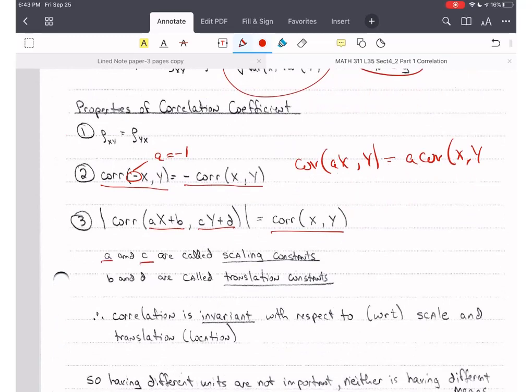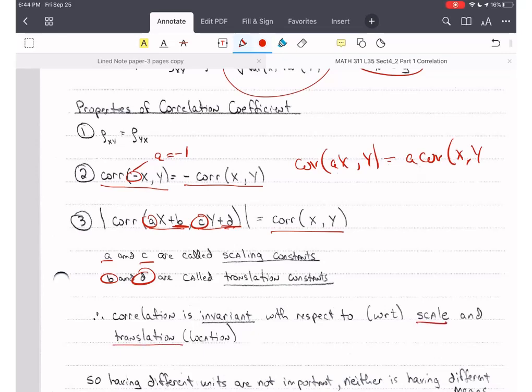So a and c here are called scaling constants, and b and d are called translation constants. And what this says is that the correlation coefficient is invariant with respect to scale and translation or location.